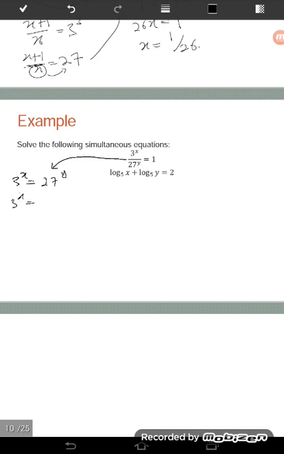So we will have 3 power of x, 27 is 3 power of 3, so 3 power of x is equal to 3 power of 3y. So the base is already the same, therefore x is equal to 3y.